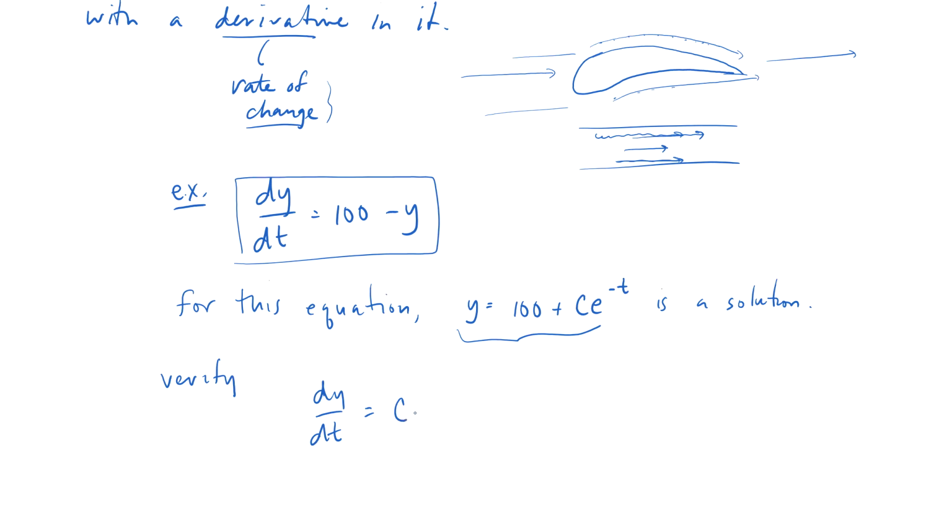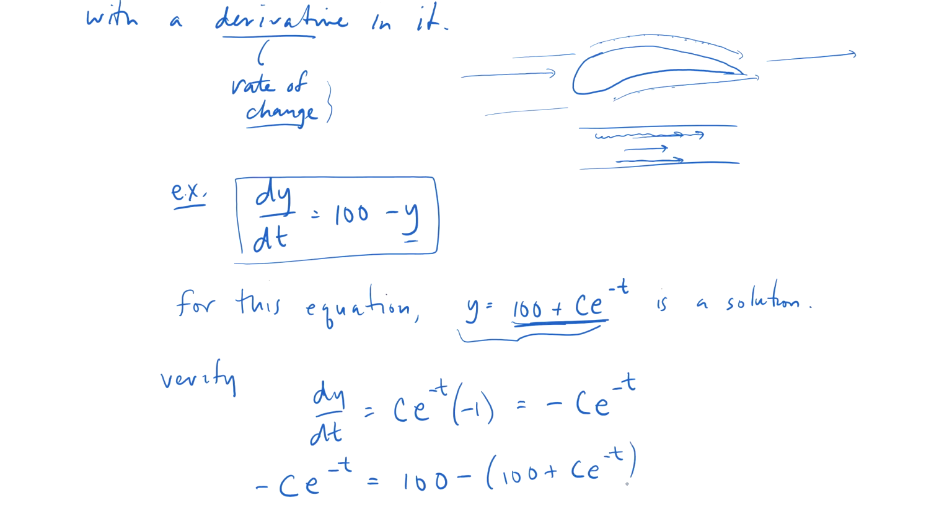This is going to be c e to the negative t times negative 1, or negative c e to the negative t. So that's the left side. I got negative c e to the negative t equals 100 minus y. Well, what's y? That's 100 plus c e to the negative t.